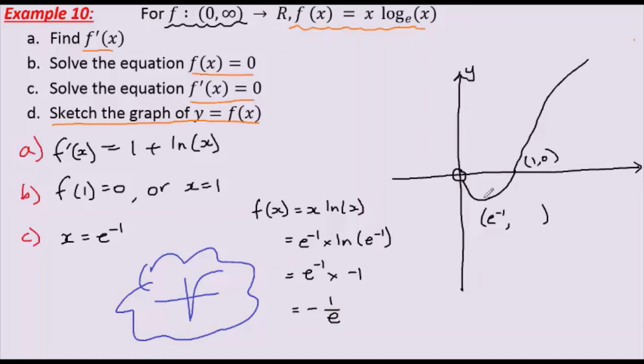This is good that we've got this negative sign because we are under the x-axis, so that's pretty handy. So I'm going to write that as negative 1 over e. And there's my turning point.